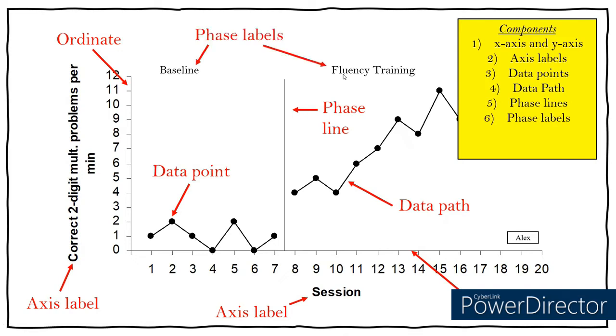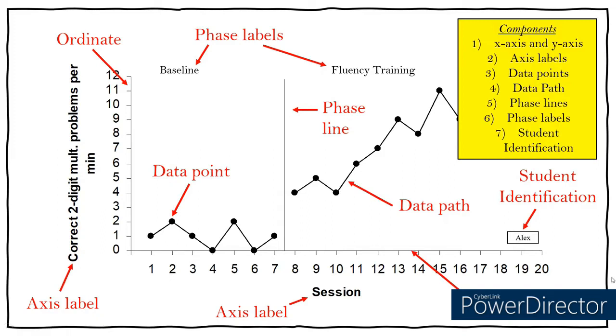And your data path allows us to see the trend of the data, what direction the data are going in. If you look at this baseline phase, it is pretty clear, but if you look at the intervention phase, then you can really see that the trend of the data is increasing.